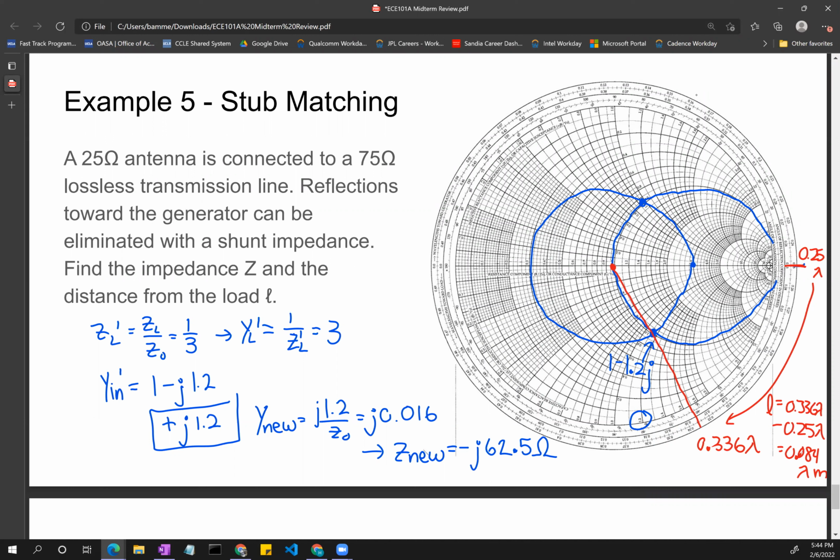Oh, okay. We're denormalizing it, all right? Yeah. So Z new is 1 over Y new.